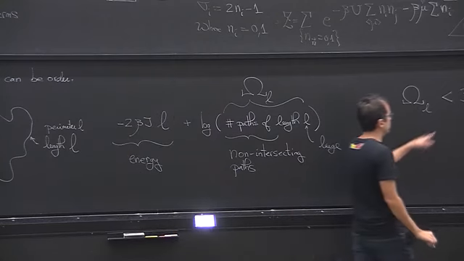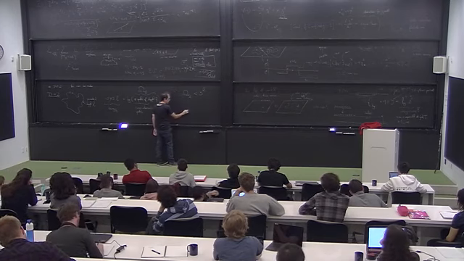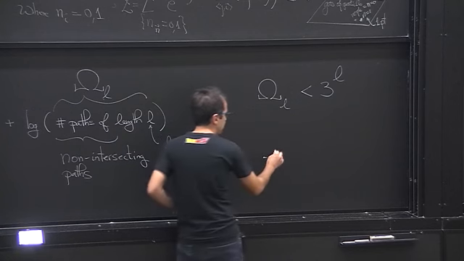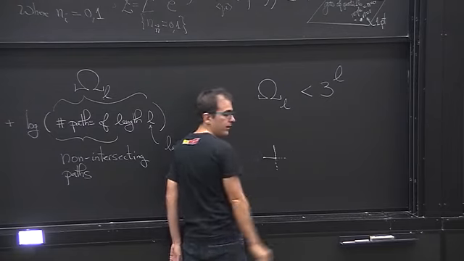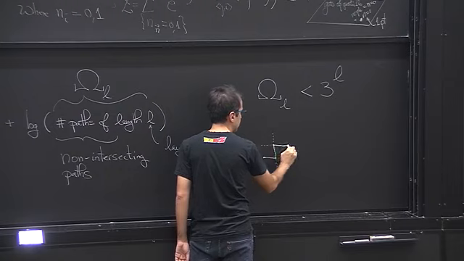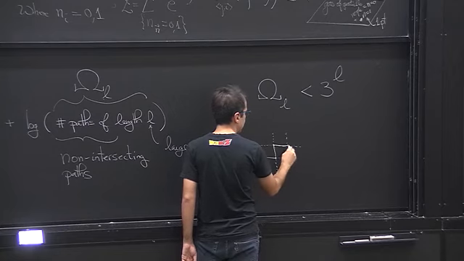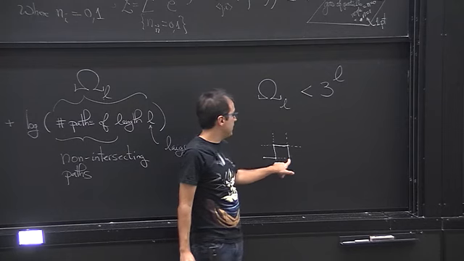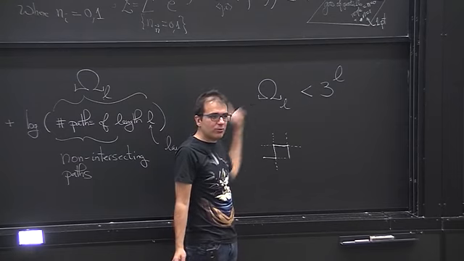Because what is 3 to the L? I start at one side, and I start doing a path, and I go here. Now I don't want to self-intersect, so I have 3 options. So I choose to go here. And now that I'm here, I don't want to self-intersect, so I have 3 options. So I go here. And then here, I don't want to go back because I cannot self-intersect, and I have 3 options. So I say I go here. Now you see, if I say 3, I'm lying. It's actually 2. And furthermore, it has to close.